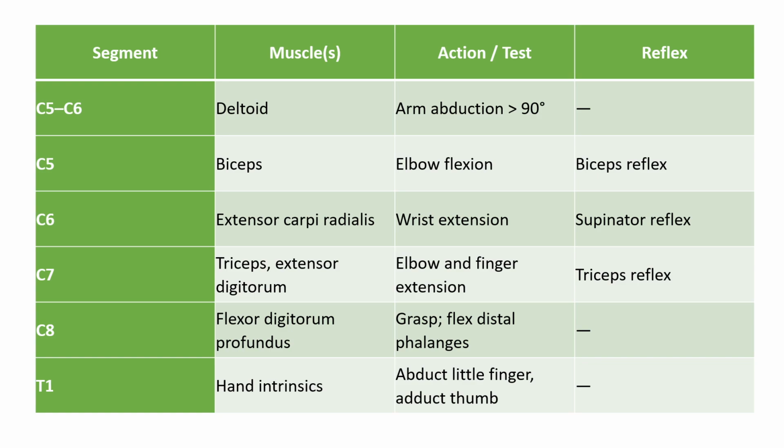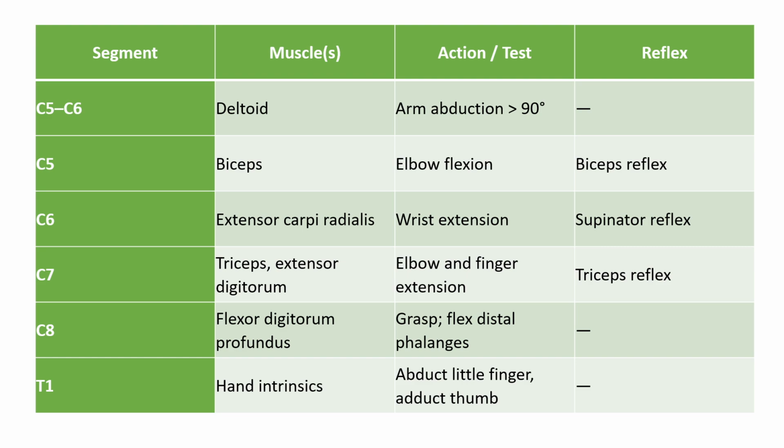This table summarizes the key segmental muscles of the upper limb, their actions, and associated reflexes. Starting from C5 and C6, we assess the deltoid and biceps, which control arm abduction and elbow flexion, respectively, with the biceps reflex providing additional information. At C6, wrist extension tests the extensor carpi radialis, along with the supinator reflex.